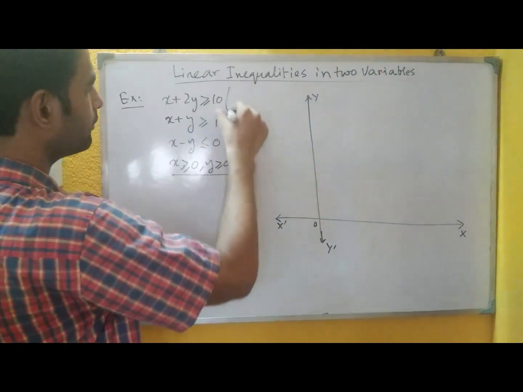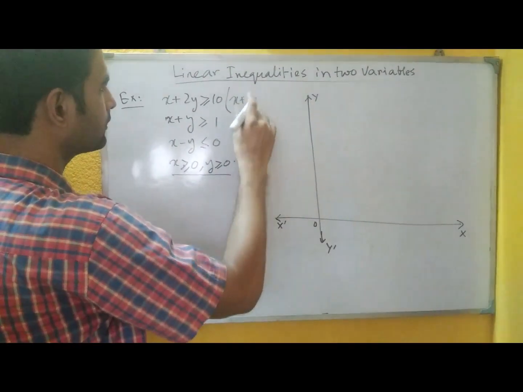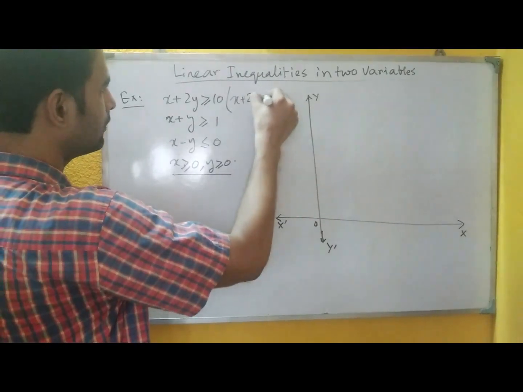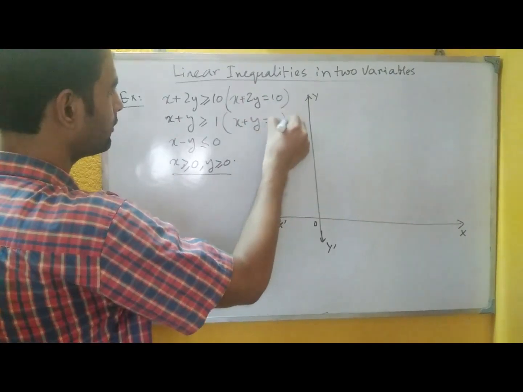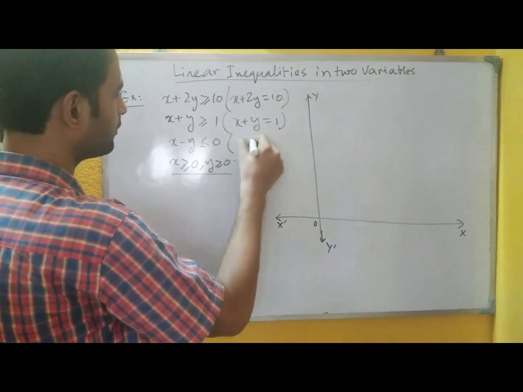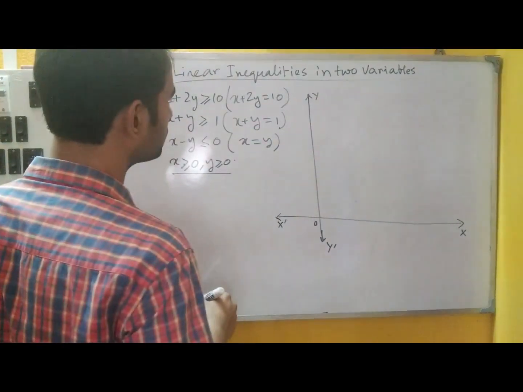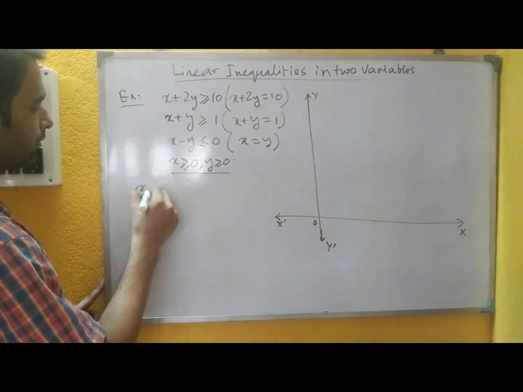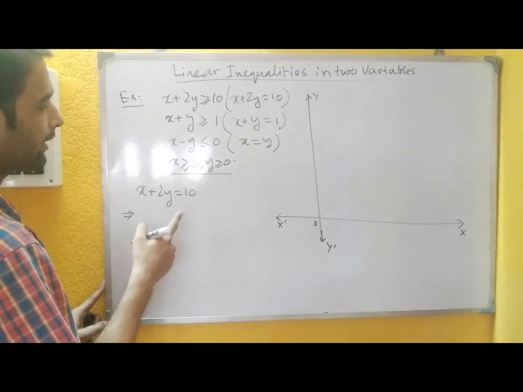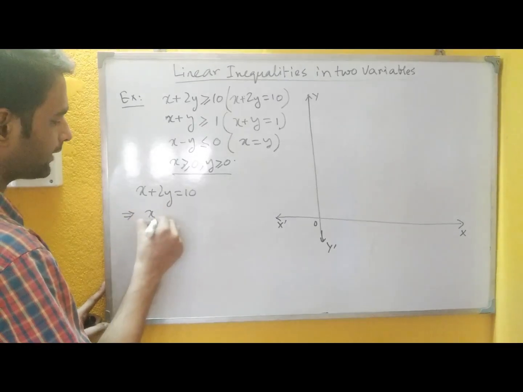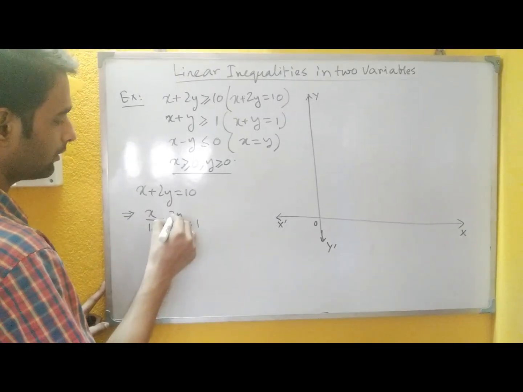So let us see how the solution looks. So first of all, we consider all the equations instead of the inequations. x plus 2y equals to 10, it is x plus y equal to 1, and it is x equal to y, these three lines. So x plus 2y equals to 10, we will write it like this, and we will make it in the intercept form, that is x by 10 plus 2y by 10 equals to 1.